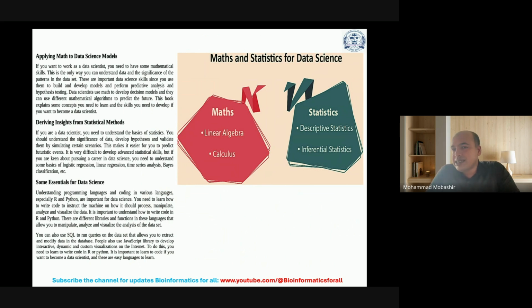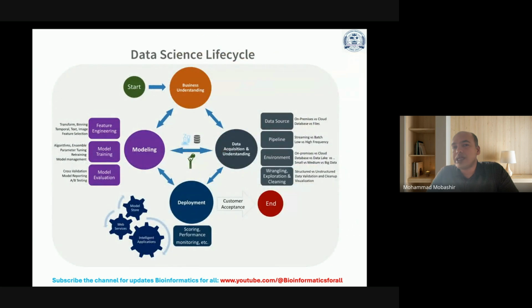Then in statistics, which I have clearly defined in several shorts and long videos, that is descriptive statistics, which is basic, like mean, median, standard deviation, and then comes inferential statistics. These two things you need. That's the only thing. Now, finally, the data science life cycle.